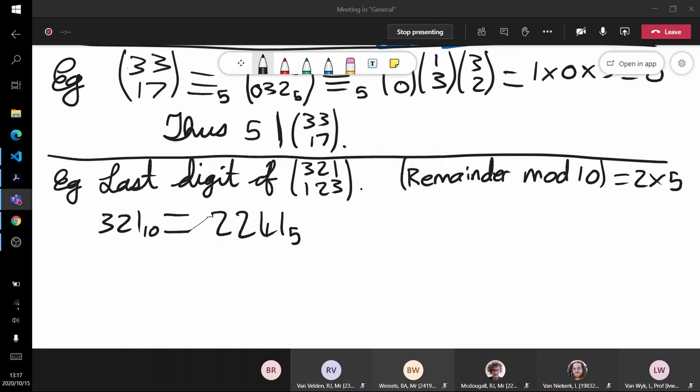So that's 321 written in base 5. And 123, which we usually write in base 10, if you want to write that in base 5, that is 2 less than that.